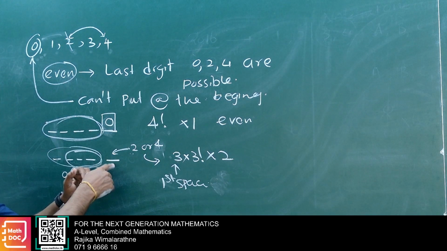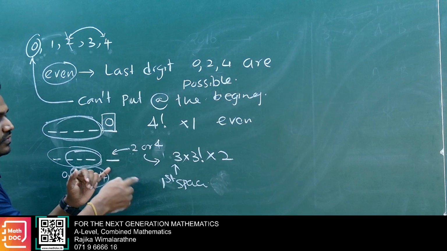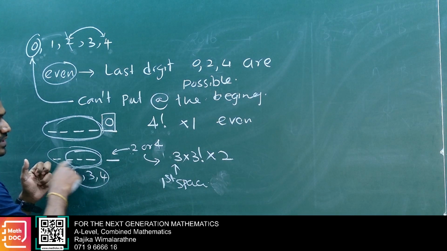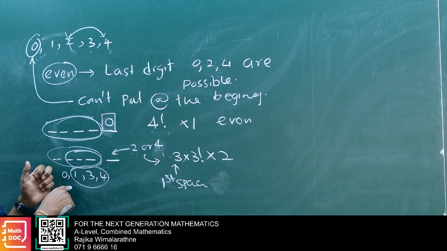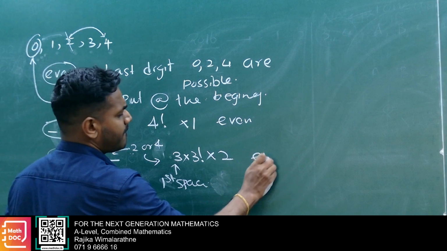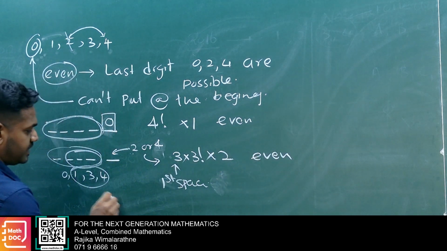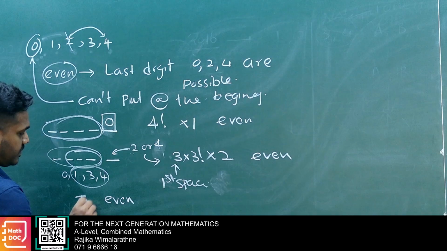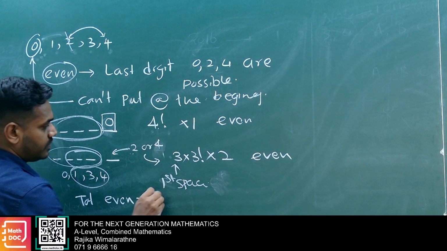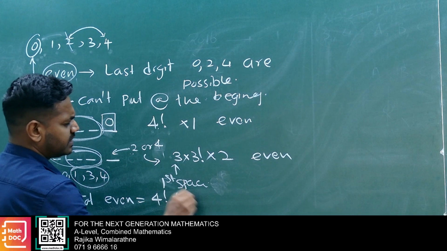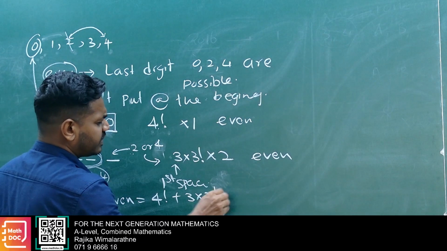Now the last digit is 2 or 4. Then at the beginning we haven't put 0. Then it is even. Then total even is 4 factorial plus 3 into 3 factorial into 2, no?